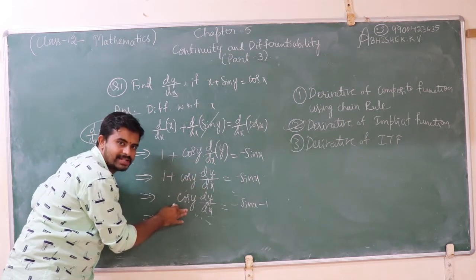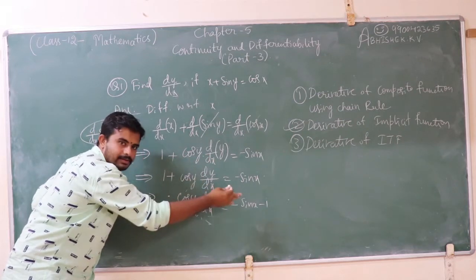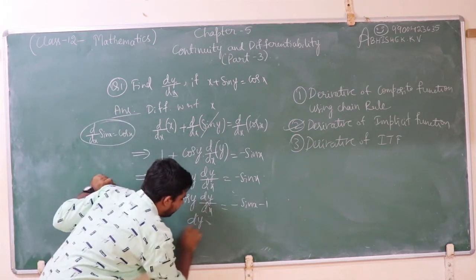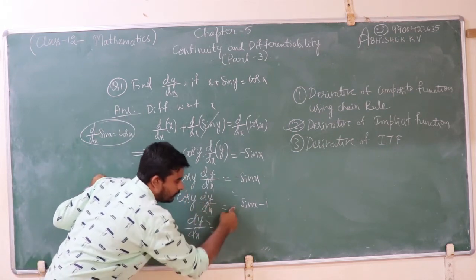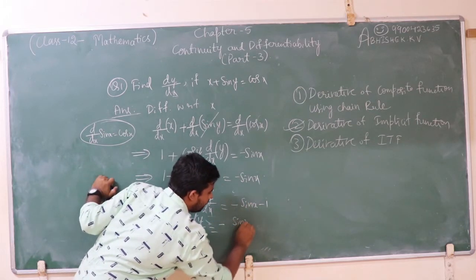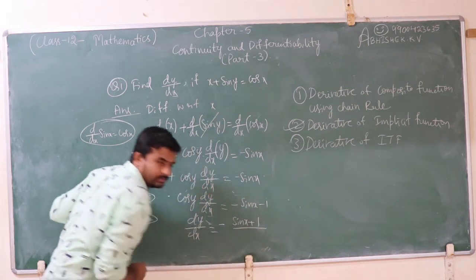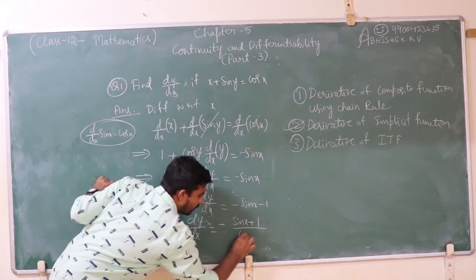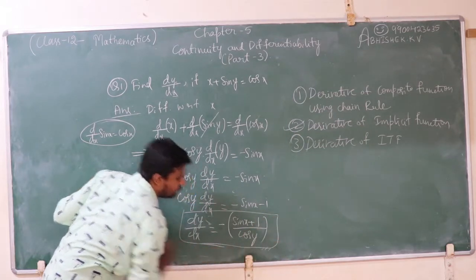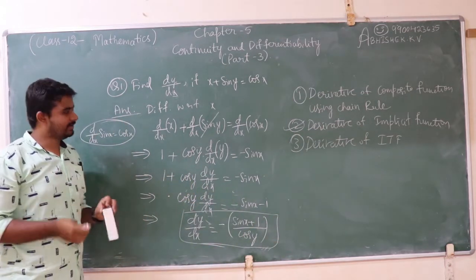When I transfer the product, numerator becomes denominator, right? So dy by dx is equal to, taking minus common, sin x plus 1, whole thing divided by cos y. This is the answer for this question. I hope you are all getting this.